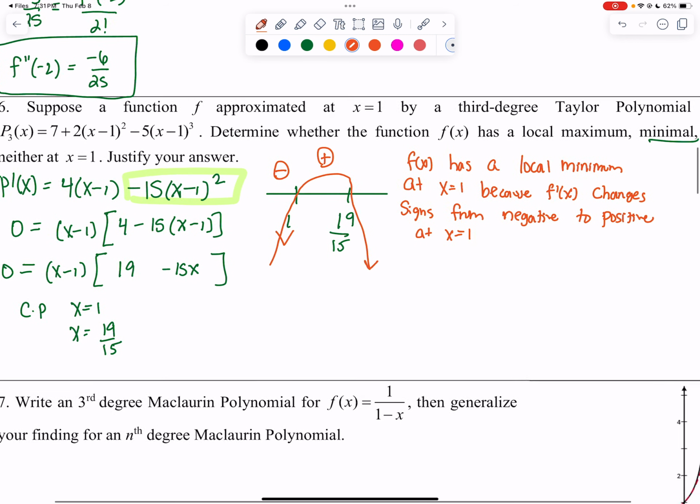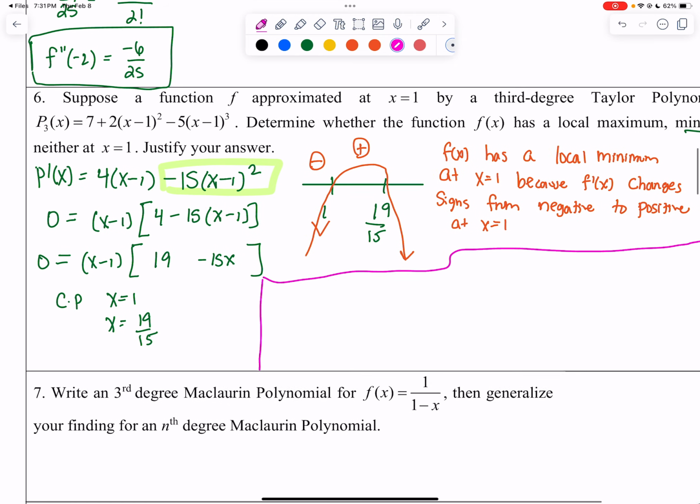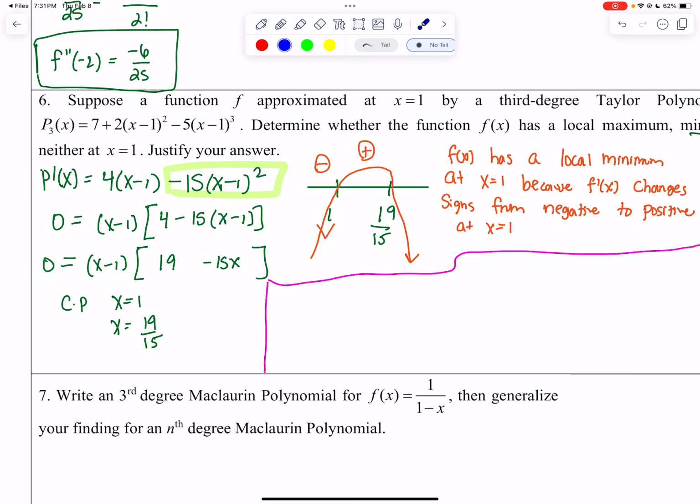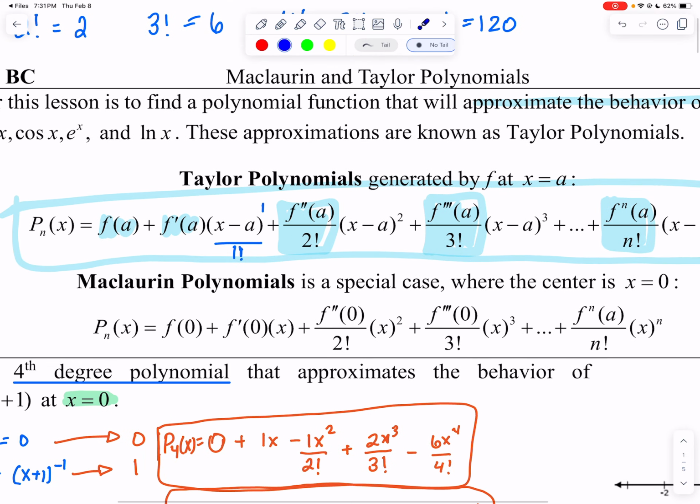Now, because this says it's a Taylor polynomial, what I'm going to do is think about what my derivative is in terms of my coefficient. Because remember, here, I could find the derivative based off of my coefficients at, in this case, 1.